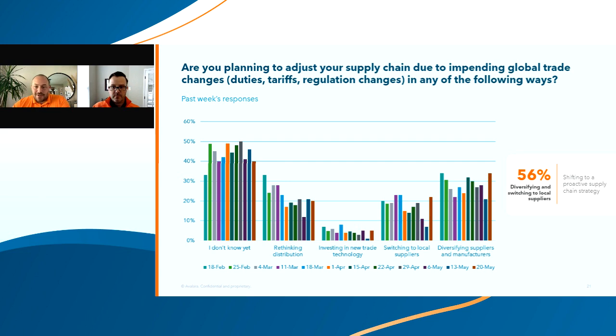It's hard to make informed decisions, and I think that's honestly a really nice moment of transparency from businesses that generally consider themselves pretty buttoned up. But I think what you're seeing is that rethinking distribution, diversifying suppliers and manufacturers are all good things to be hopping onto.